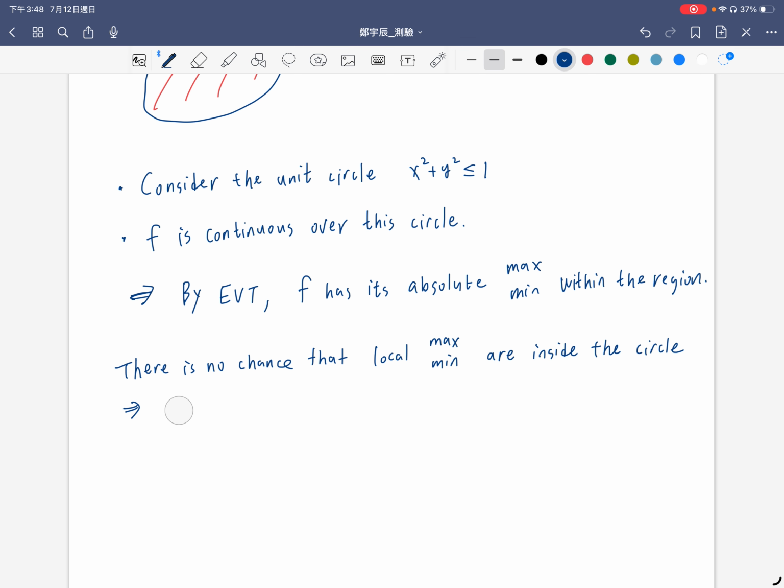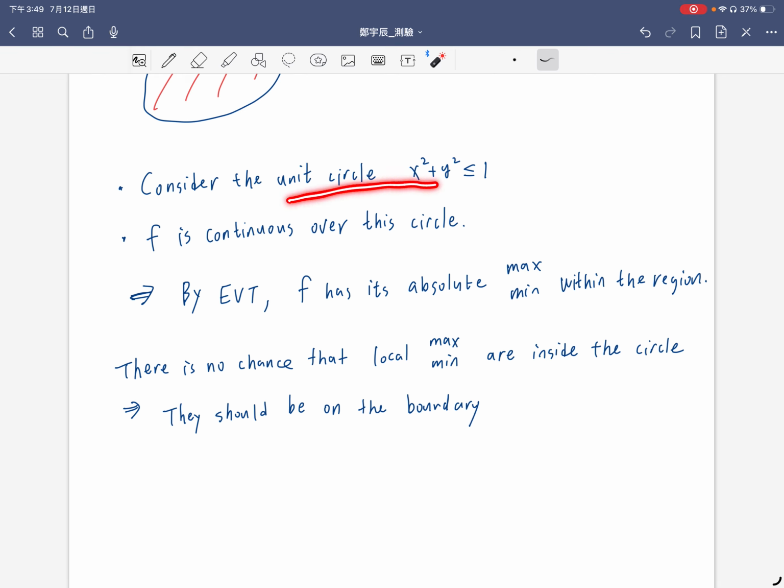They should be on the boundary. The boundary, what is the boundary of the unit circle? x squared plus y squared equals 1.